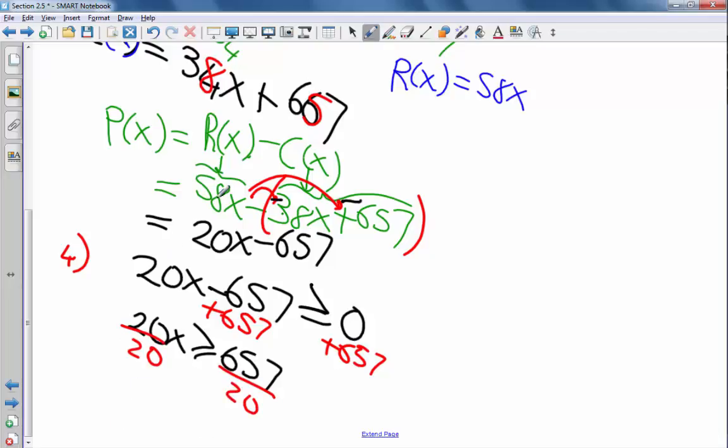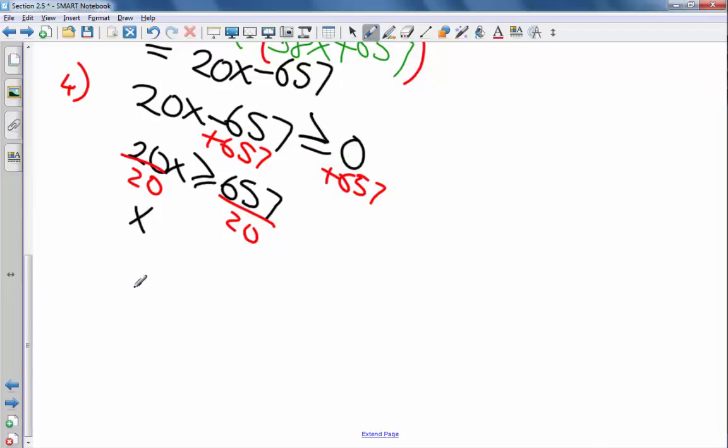Alright, I need a calculator. What is that roughly in decimals? What is it? 657 over 20? 32.85.